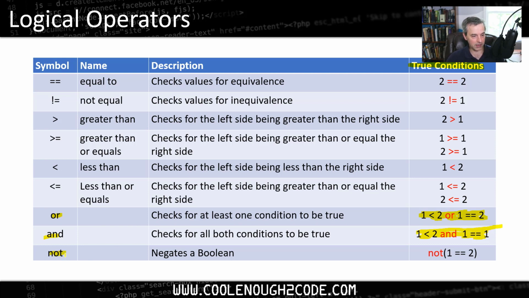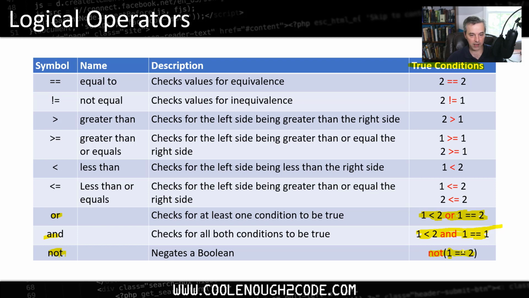Not, on the other hand, is basically used to negate something that's already been evaluated. So it's very useful for evaluating something and then flipping the Boolean value that it returns. In the case of not right here, I have 1 equals 2. That is a false statement. And then I take parentheses and put it around that, and then I negate the whole thing and flip it over to true.